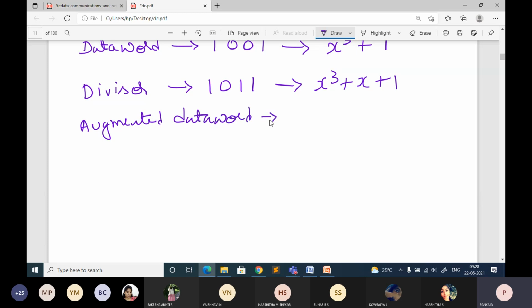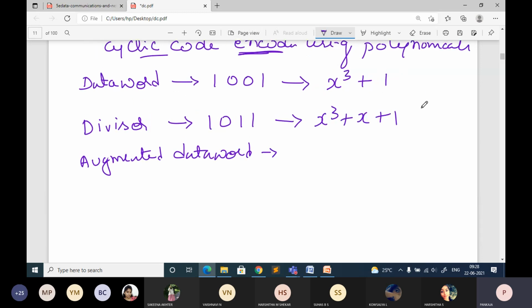For this data, I am augmenting 3 zeros. It is nothing but left shift. If that is the case, can you tell what the polynomial is? The augmented data word is the data word left shifted by 3 bits.